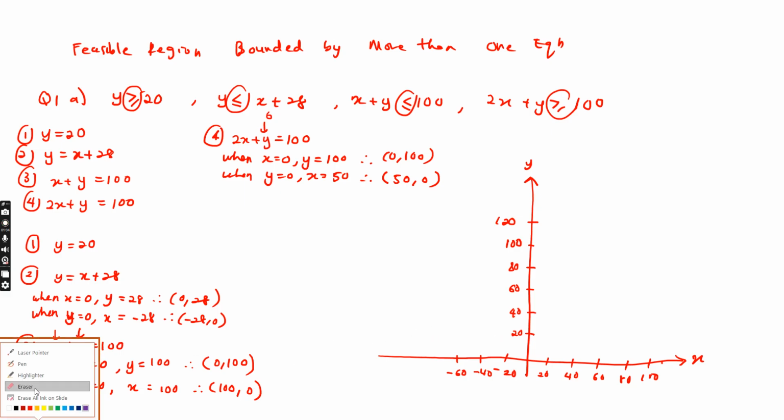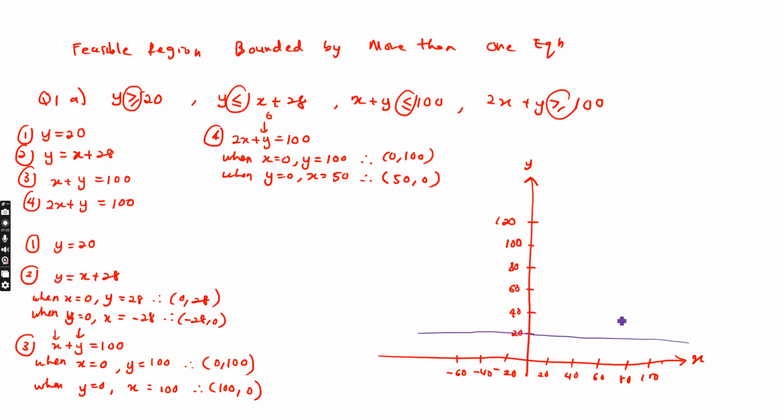Y is equal to 20. Like that. After you draw this, you must put y equal to 20. Put the equation like that. Okay, the next one we have is y equal to x plus 28. The coordinates are 0, 28 and negative 28, 0.